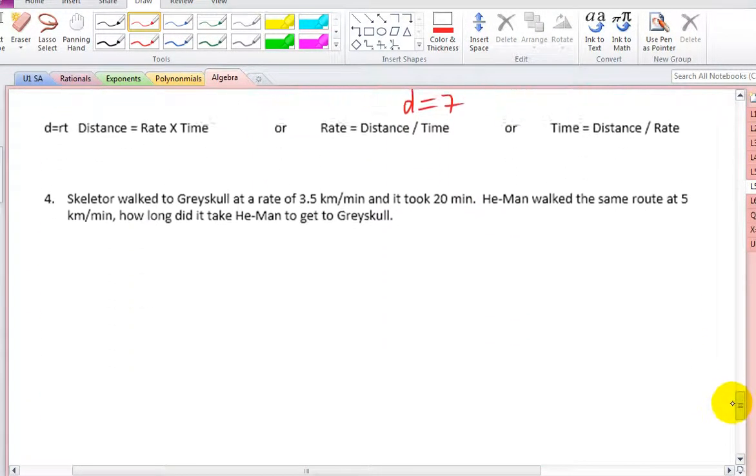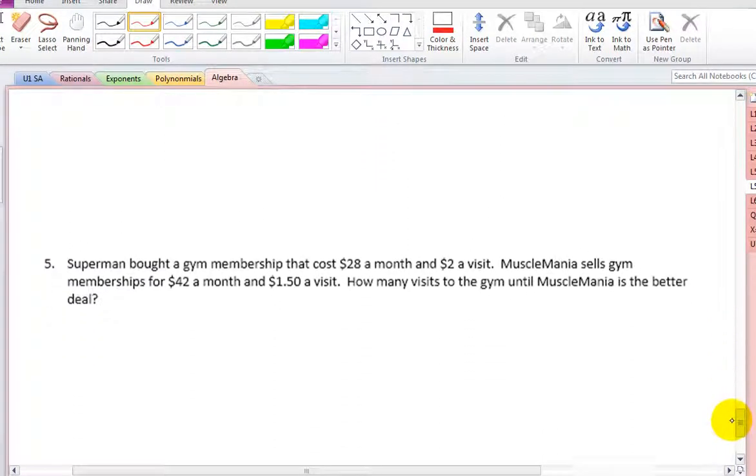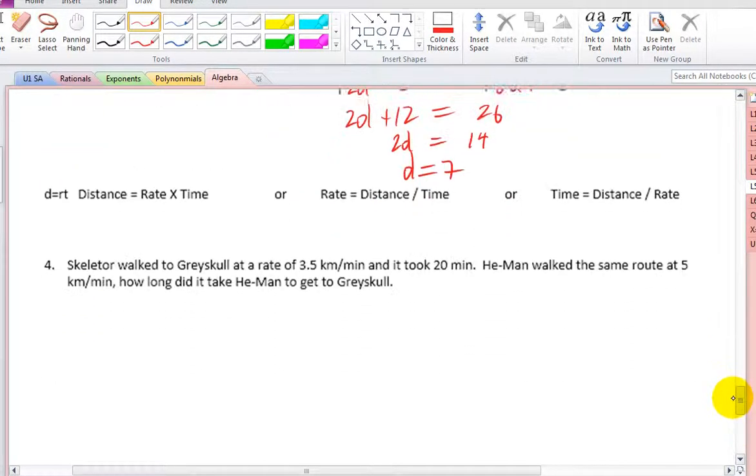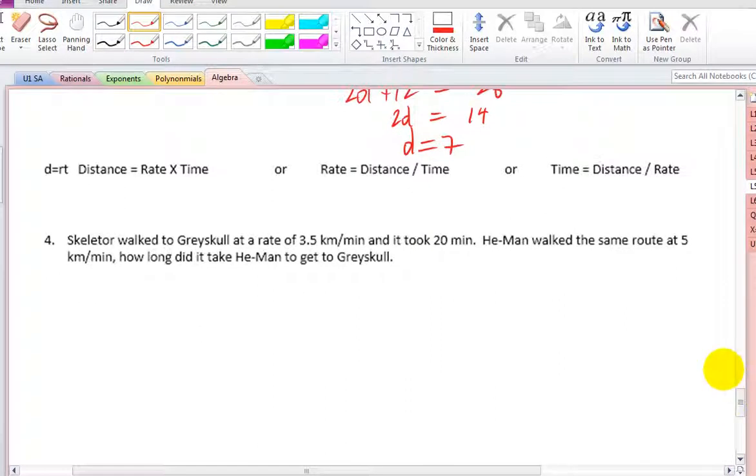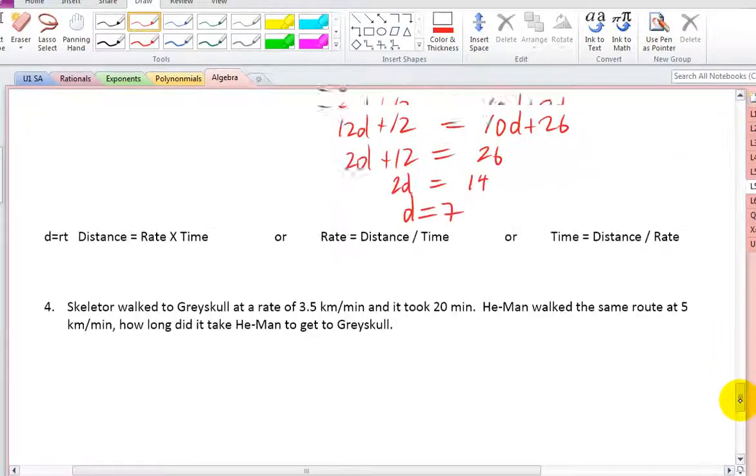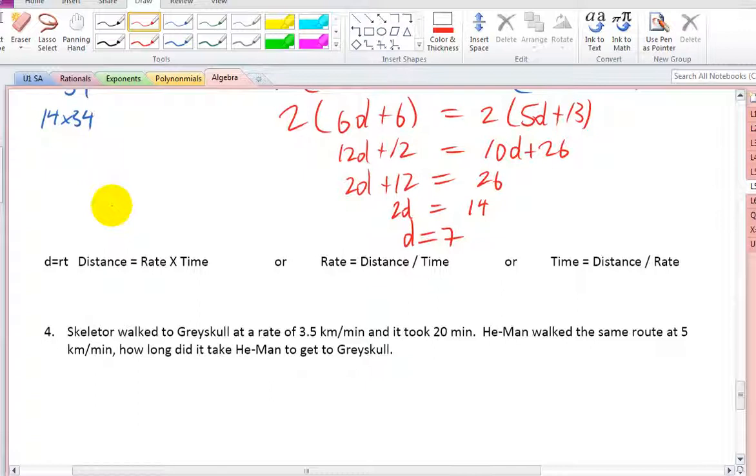Next. Okay. So this is, we may have talked about this already. Distance equals rate times time. So it's a 3-formula equation. You can do a little formula pyramid.